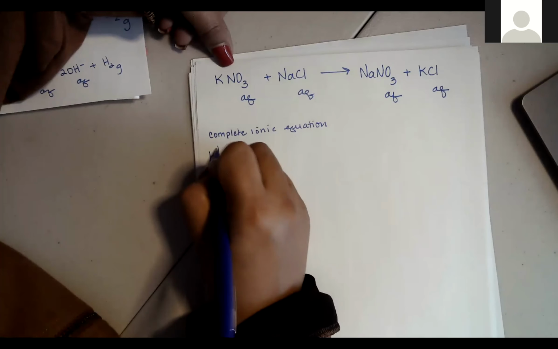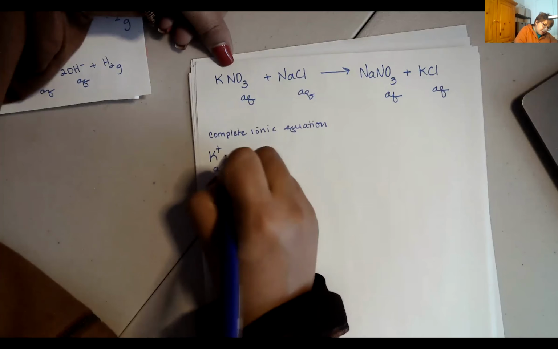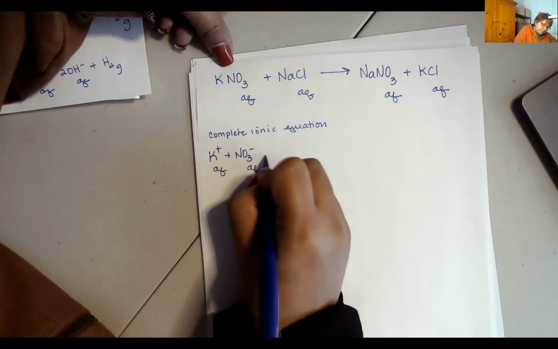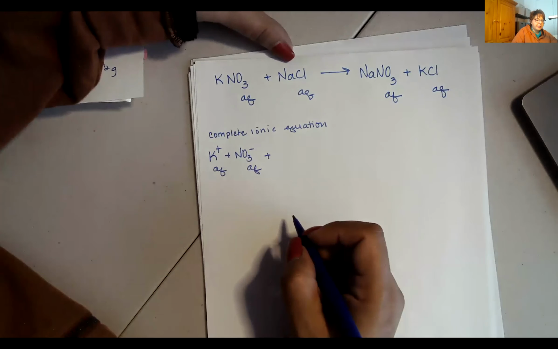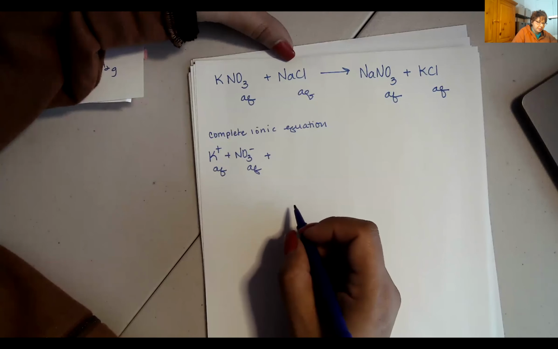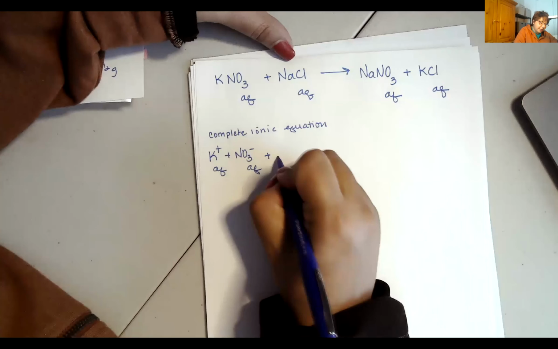So I've got K plus NO3 minus plus, do I write sodium chloride as ions, yes or no? Yes. How do you know? Because it's aqueous. Very good.